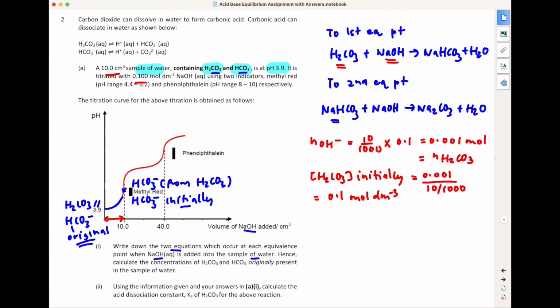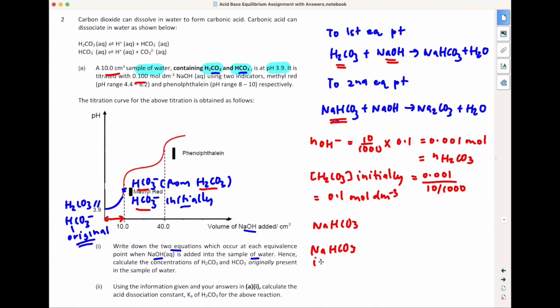Take note for the second part, the NaHCO3. There are 2 portions. One portion of the HCO3 minus came from sodium hydrogen carbonate, and the other one is the original. So I'm going to write it out 2 times so that it'll make it clearer.